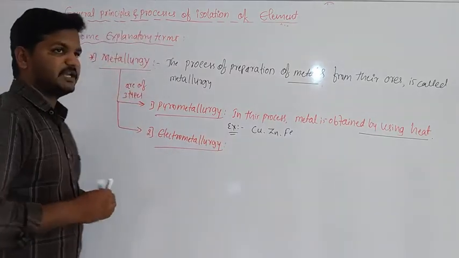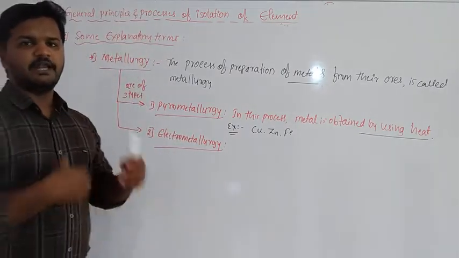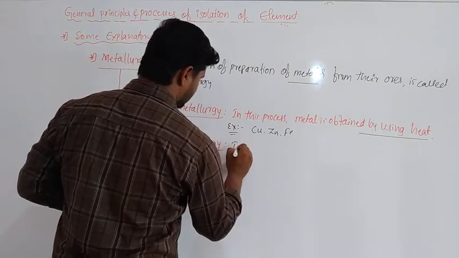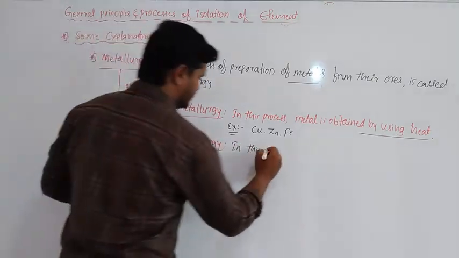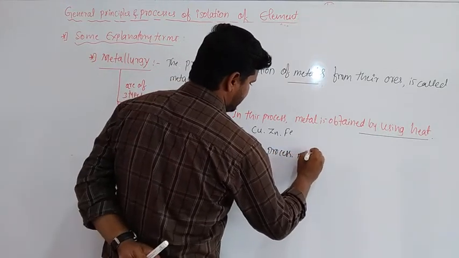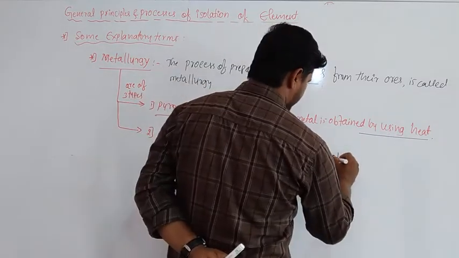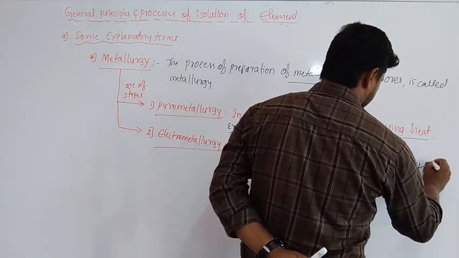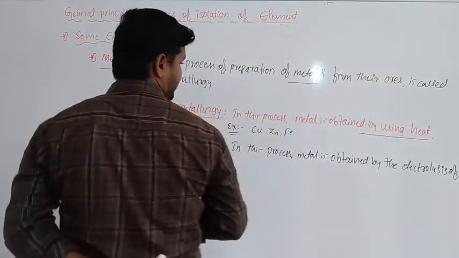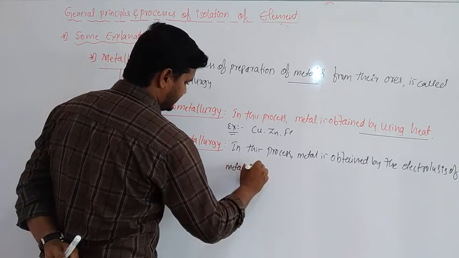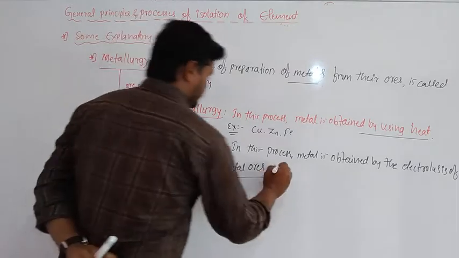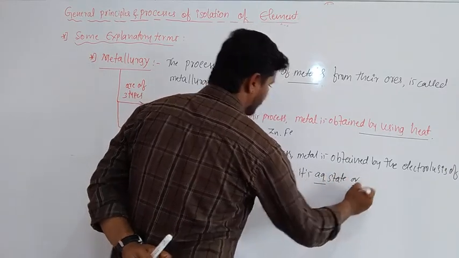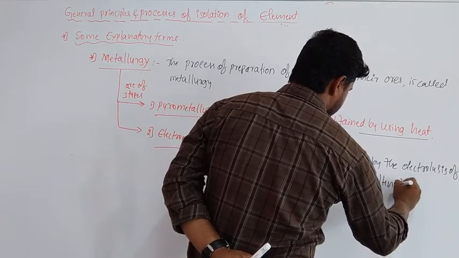Here, students, electrometallurgy means in this process metal is obtained by the electrolysis of the solution of metal ore in its aqueous state or in the molten state.